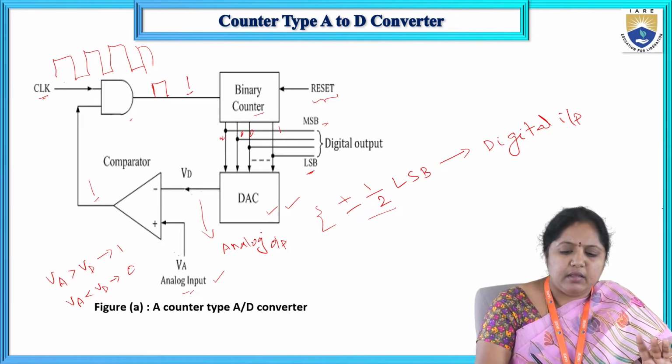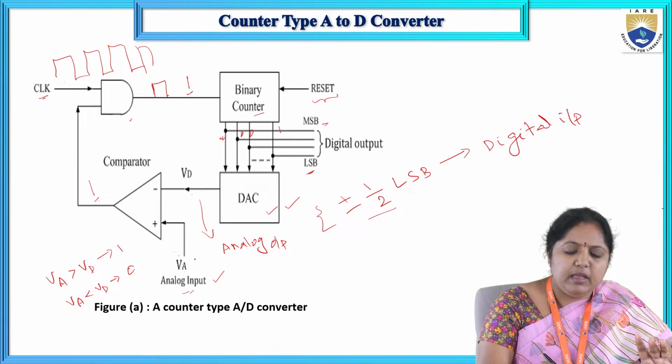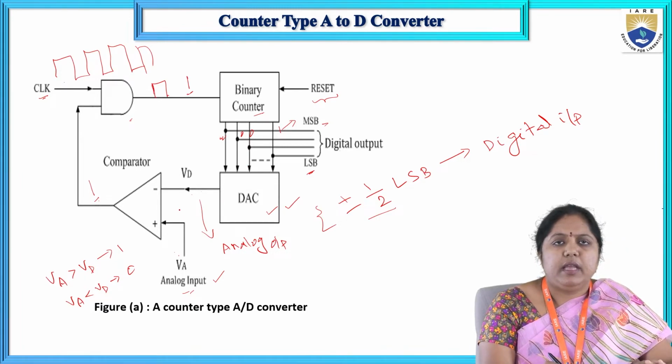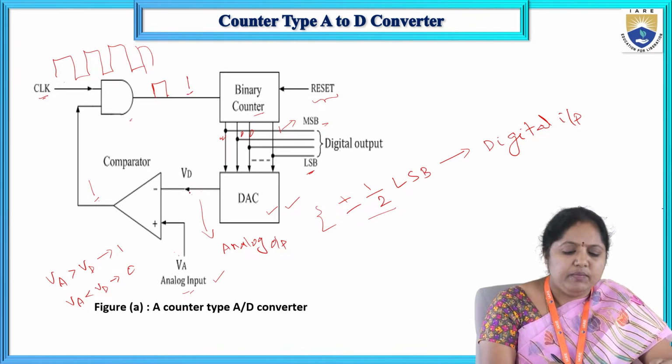Again, for this equivalent digital input, the DAC converts the digital input into the equivalent analog output. For 0001, it generates a certain amount of voltage at the output of the DAC. Again there is a comparison of the analog input signal to the DAC output.